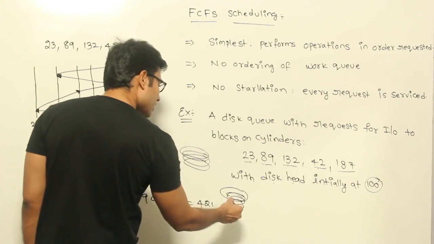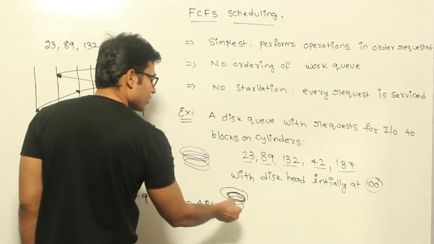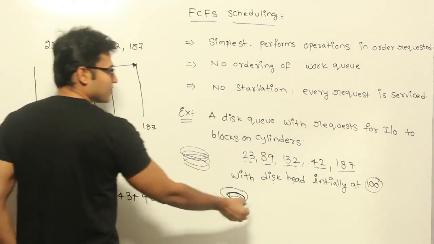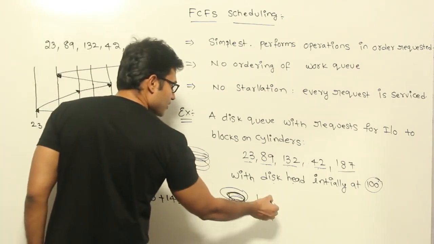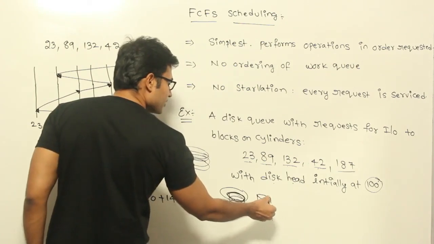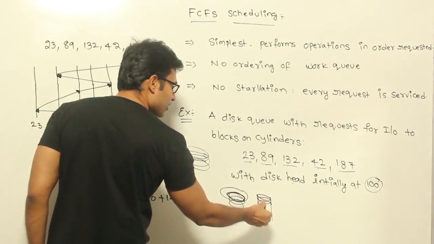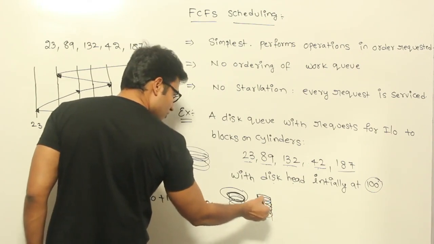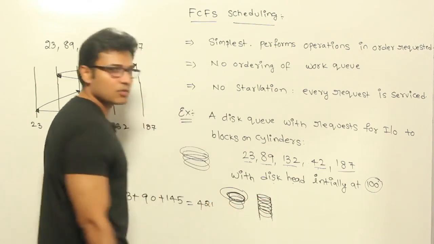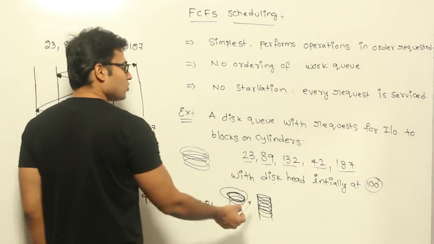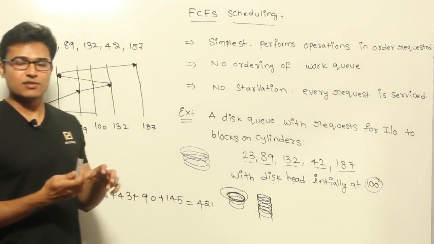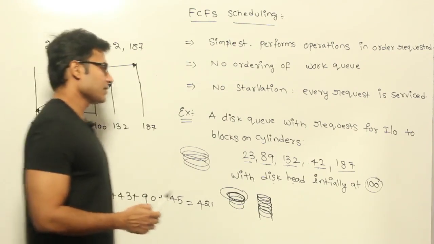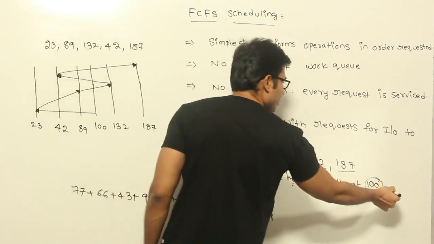If you take track number 1 on all the disks and put them together, they look as if they are forming a cylinder, right? This is track number 1 of disk 1, track number 1 of disk 2, disk 3, disk 4, disk 5, disk 6. All of them look as if they form a cylinder from top to bottom. That is called a cylinder. So the tracks at the same position on many disks become a cylinder, right? Now they are saying that initially the read write head is at cylinder number 100.